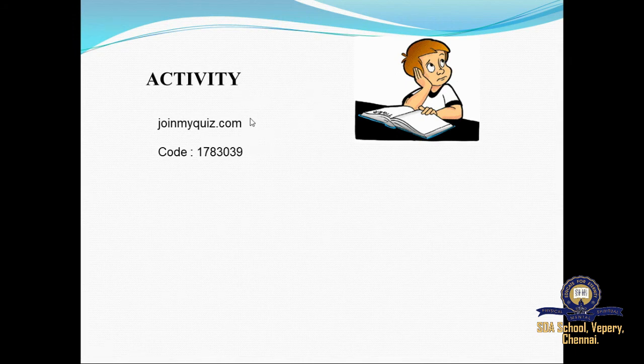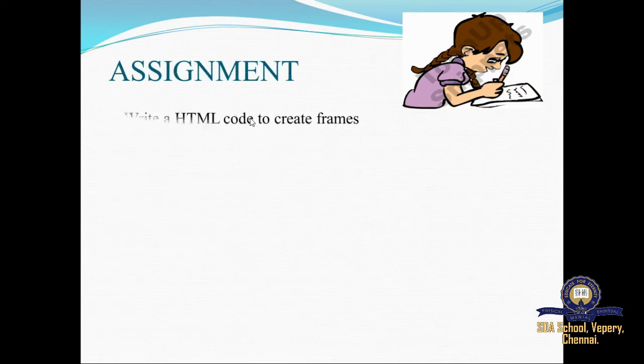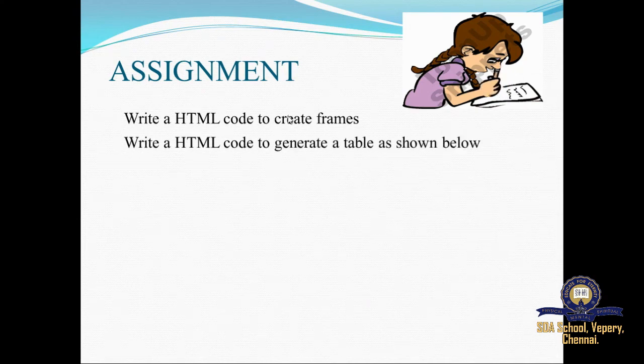Okay. And then you have an assignment. The assignment is you have to write an HTML code to create your frames, either columns or rows, whichever you like. You can partition it. Just give some example program, and then you have to generate a table. So you have to write the code for the table also. You have to generate a table as shown here.